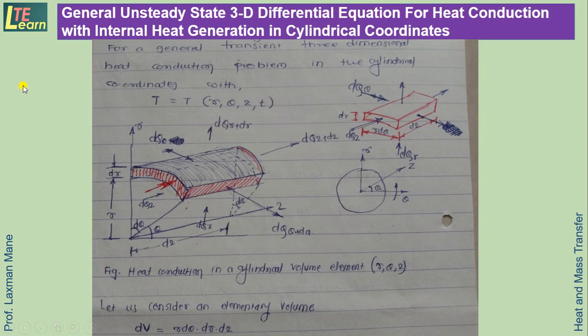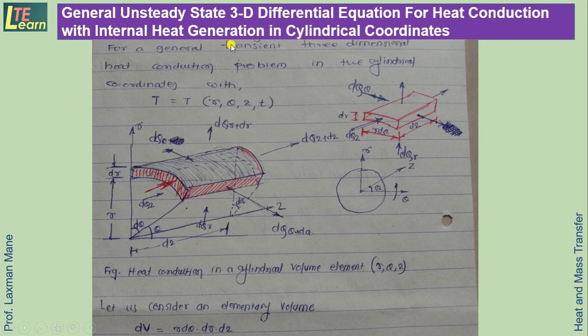The second category of equation for heat conduction is in cylindrical coordinates. Here is the general unsteady state three-dimensional differential equation for heat conduction with internal heat generation in cylindrical coordinates.